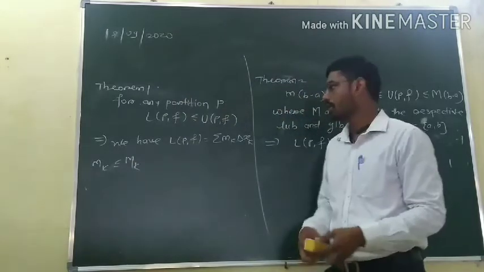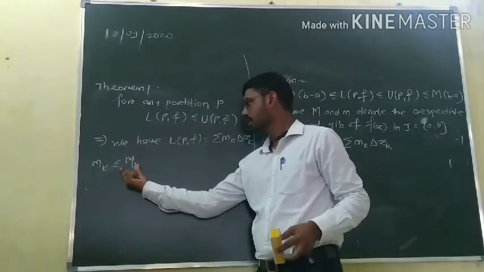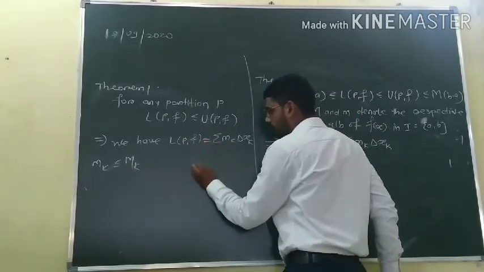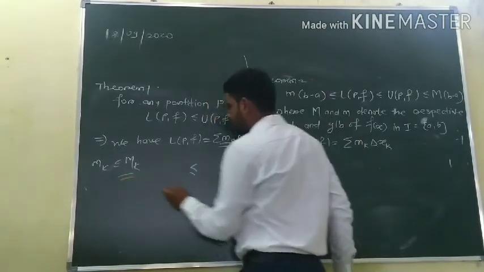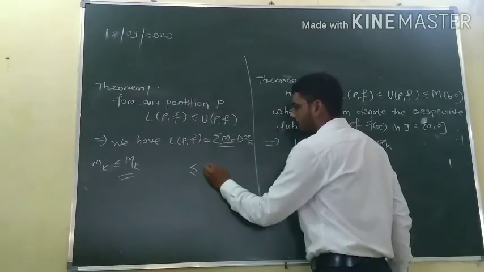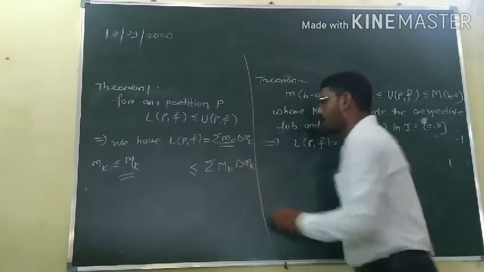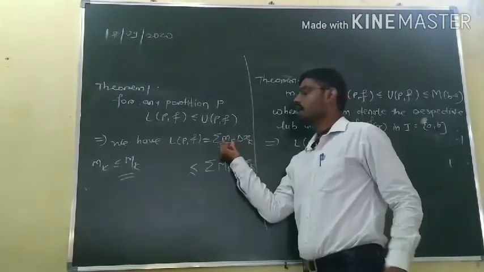That is, lower value is less than or equal to upper value. Use this condition here. So this equality becomes less than or equal. Why? Because this small m_k is less than or equal to capital M_k. So this is less than or equal to capital M_k delta x. What we have done is just replaced the lower value by the upper value.